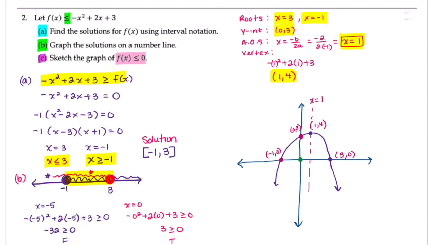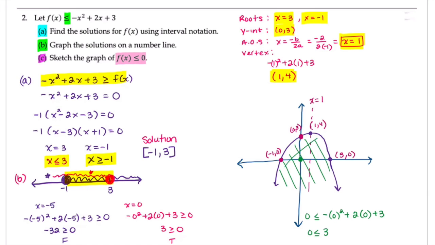So here is my side work. So we have f of x has to be less than or equal to 0. So if I input, so is the value 0 less than or equal to 3? Yes, which tells me that we are going to be shading towards that point.